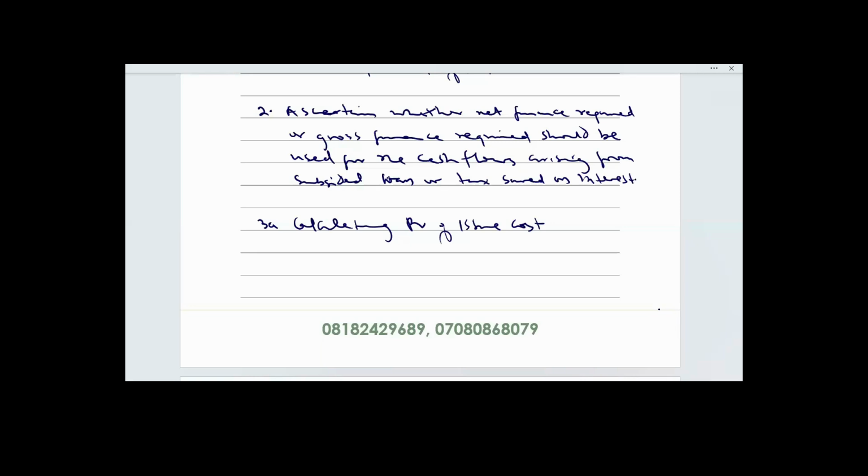For example, if a company is going for an initial public offer, the company will need to incur costs before the funds will be released from the public, before the public will subscribe to the company's shares. Some examples of issue costs include marketing expenses or advertising.